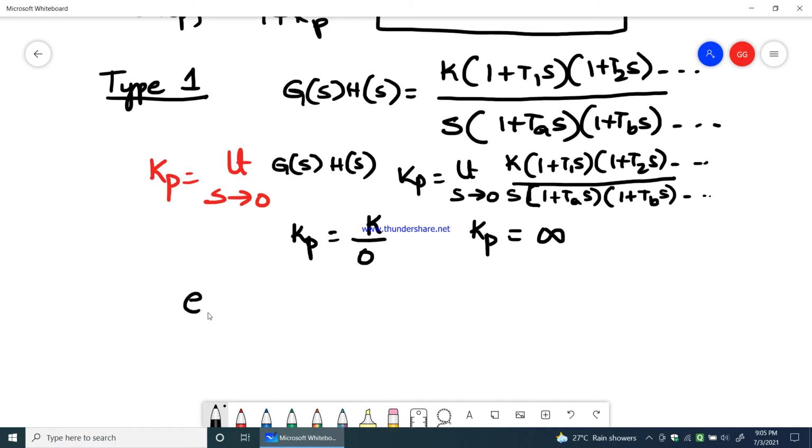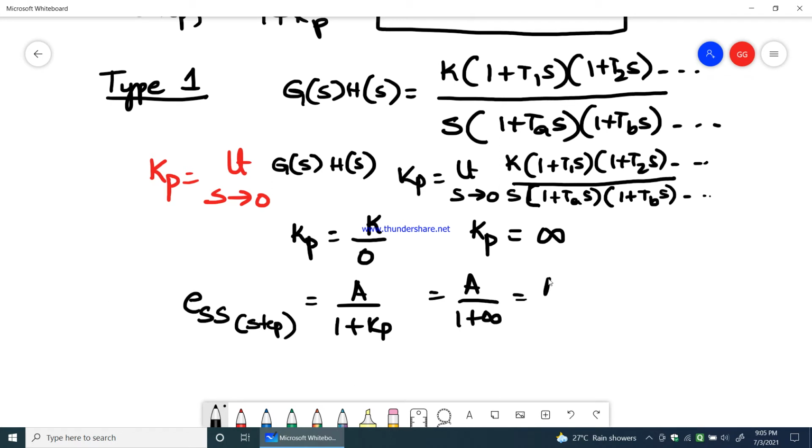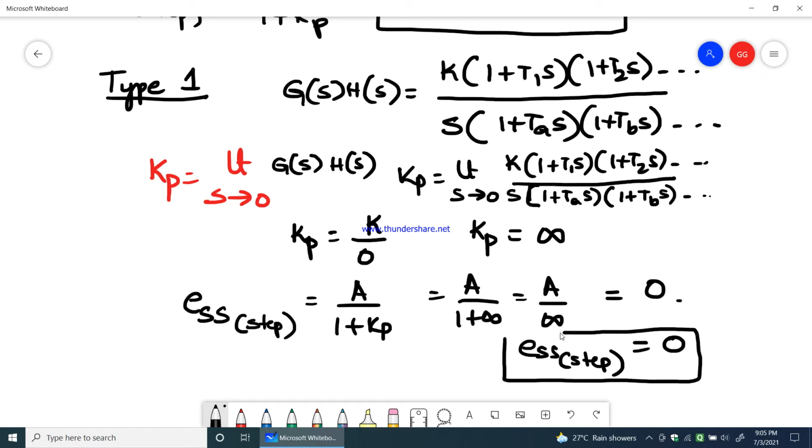Therefore, the steady state error for a type 1 system when a step input is given would be equal to A divided by 1 plus Kp, which is A divided by 1 plus infinity, again A divided by infinity. Anything divided by infinity is 0. So for a type 1 system with a step input, the steady state error is equal to 0, no error at all.